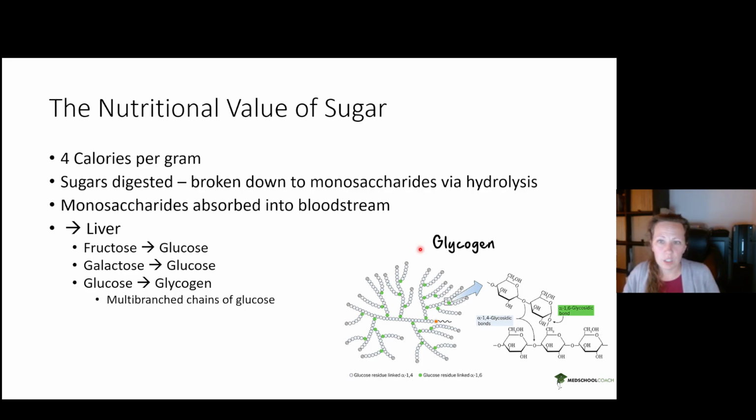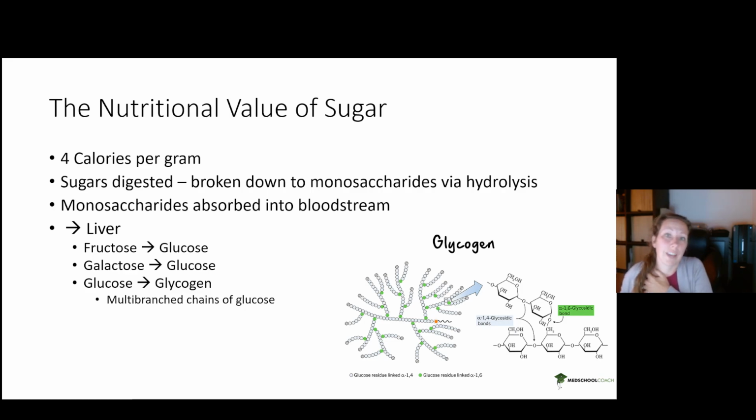Now, why does it look like this? It's so heavily branched that when we need glucose, lots of it can be broken off at once. We can have the same reaction occurring simultaneously in hundreds of thousands of different places.